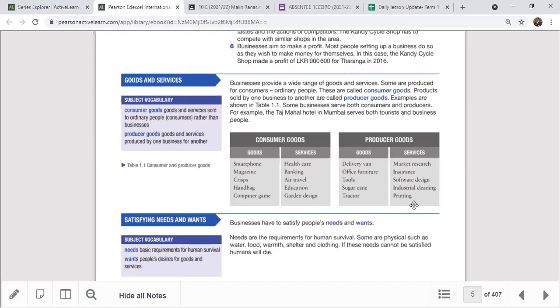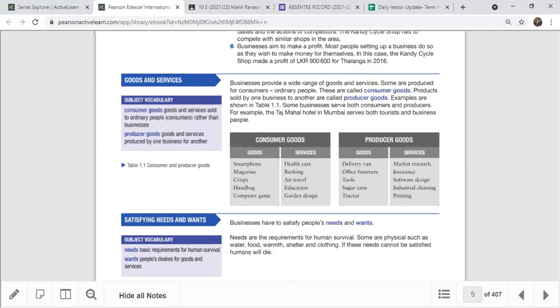Ordinary people don't need software design, market research or industrial cleaning. Only businesses need these. Toyota, Unilever and Nestle need market research, and Toyota needs industrial cleaning. These are important aspects of businesses, producer services. All of these things are intangible, non-physical in nature.